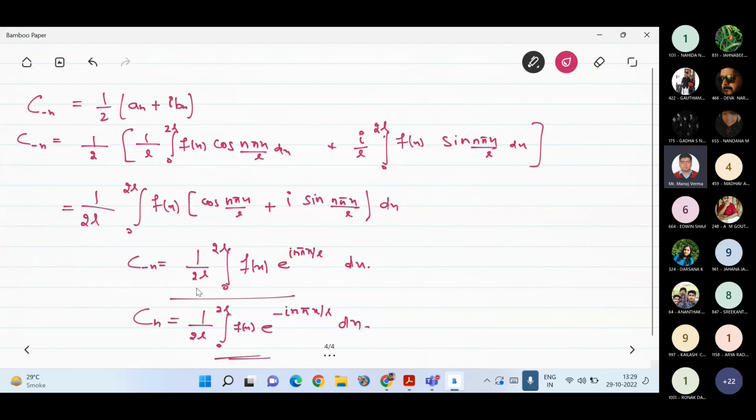In both of these formulas, if I replace n with minus n, then if I have calculated the value of Cn, then C minus n I can directly calculate from there.